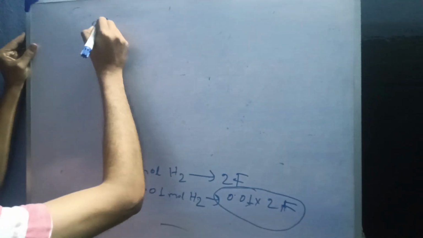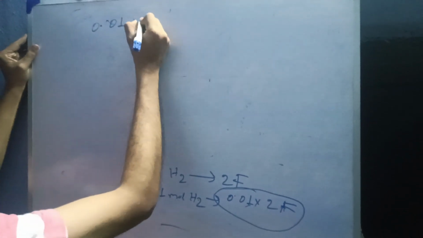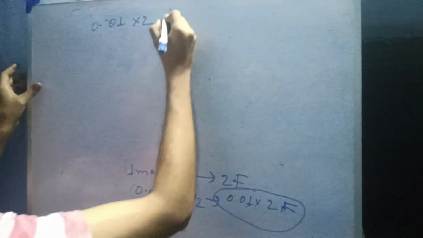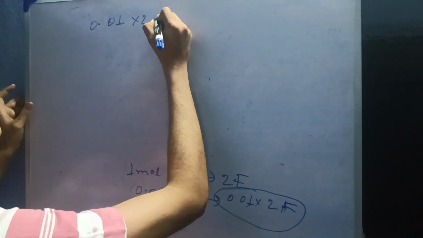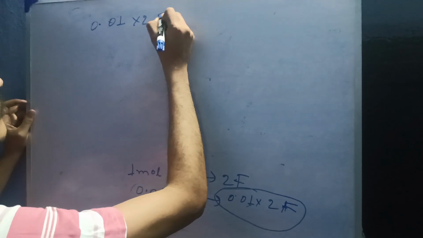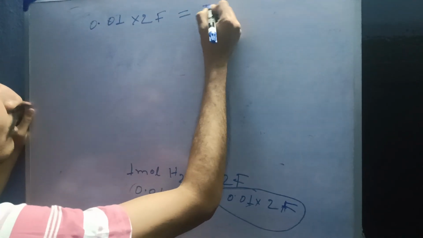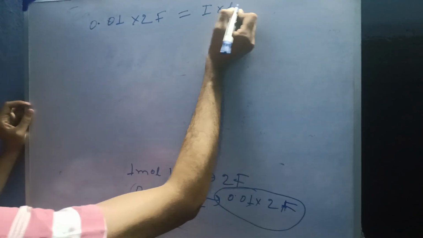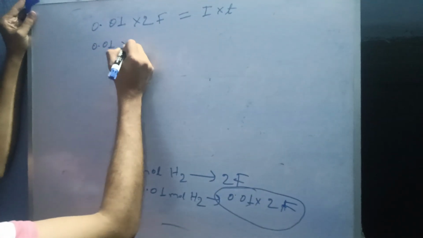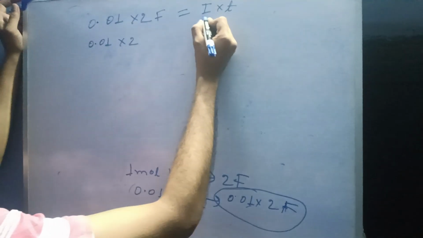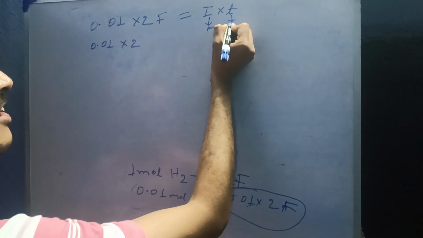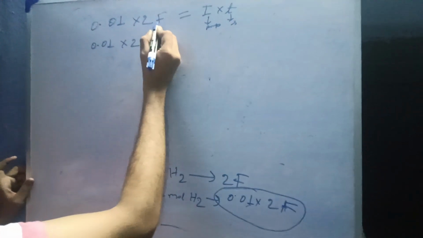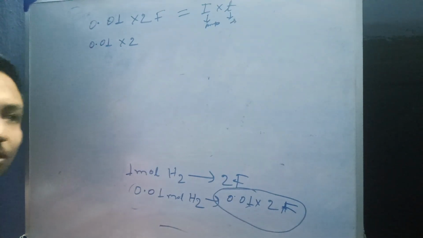Hence 0.01 into 2 Faraday is equal to I into T. Now here if I is in ampere and T in second, then the charge must be in coulomb.